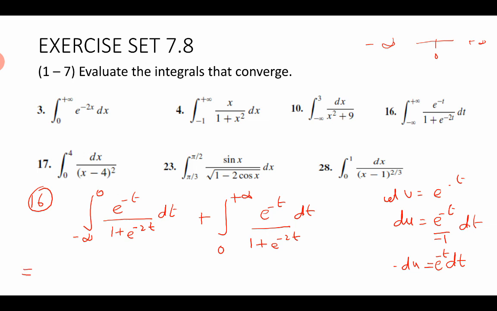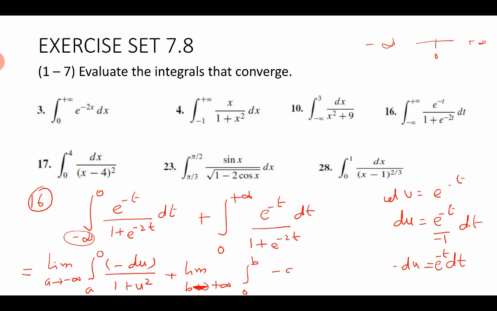So what happens here in the next step? The lower limit is infinity, so we will take a limit from a to 0, and this will be negative du divided by 1 plus u². Here a approaches negative infinity. Second part, limit b approaches positive infinity from 0 to b.